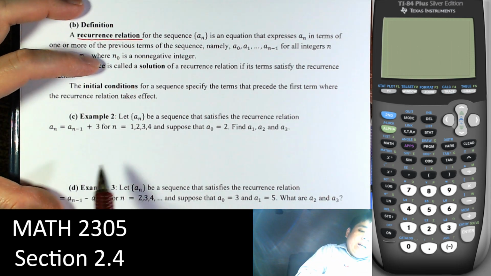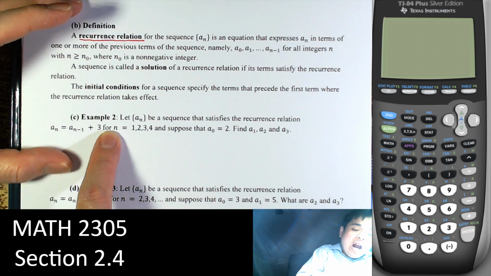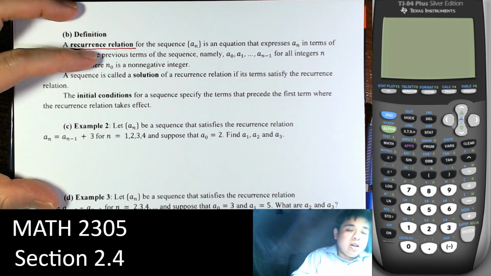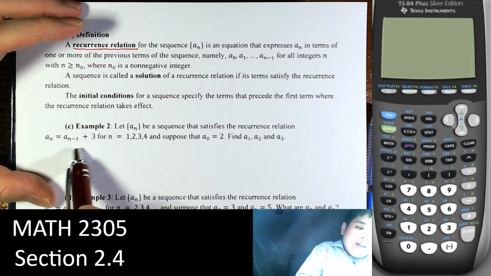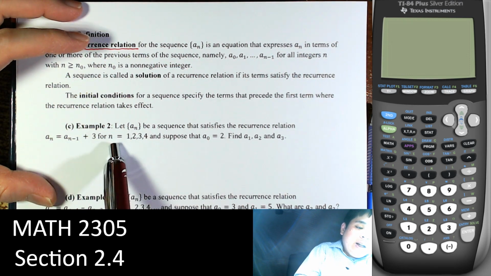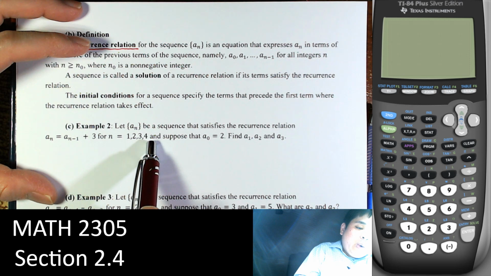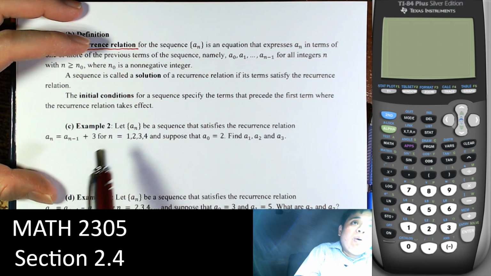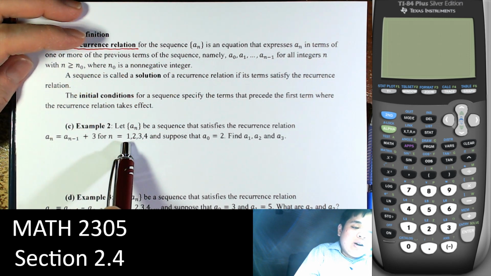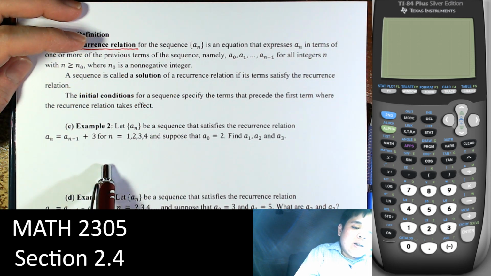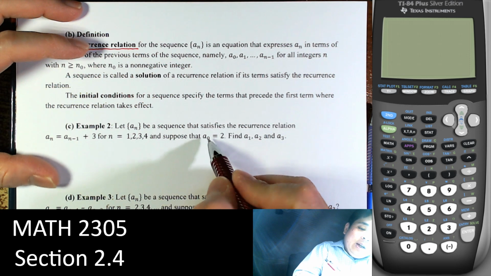For example, we have the recurrence relation. The relation has two things. The first is the equation or the relation itself, and next we have to state what the first n is, and of course here we say the first one.